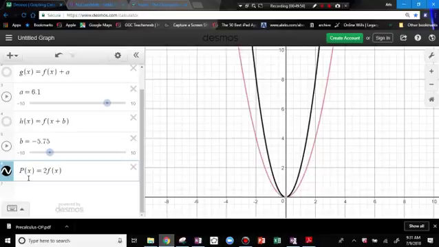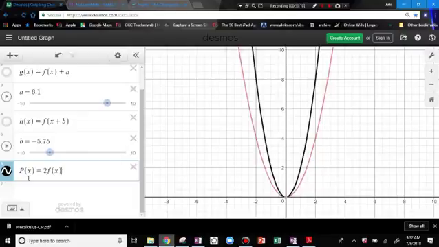Not vertically. Horizontally, yes. That's not the way we're going to think about it, right? Because if it's on the outside, then we want to talk about it in terms of being vertical. So it's like you're making it steeper by a factor of 2. So it's a vertical stretch by a factor of 2.